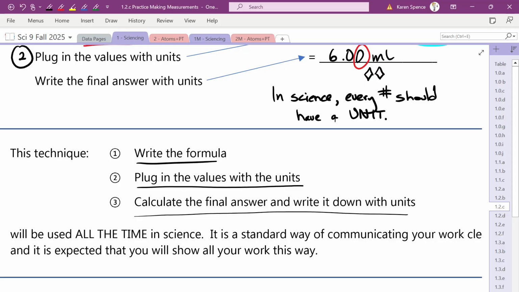Your burette is leaking. Let's take a look.